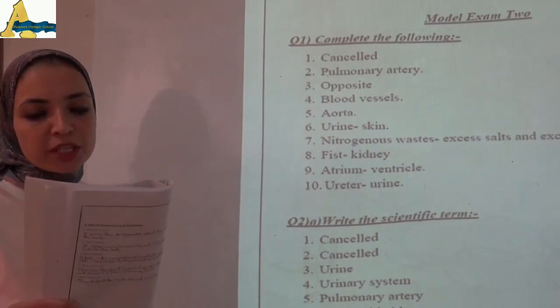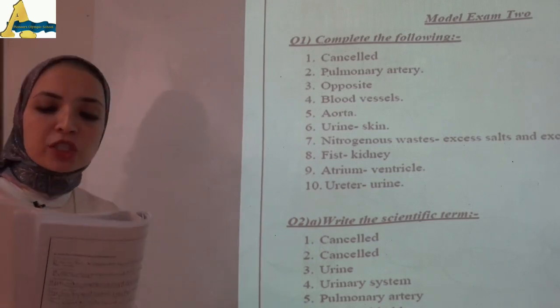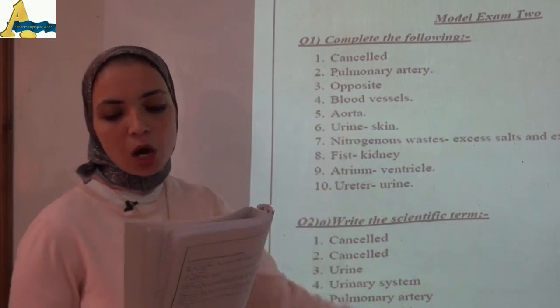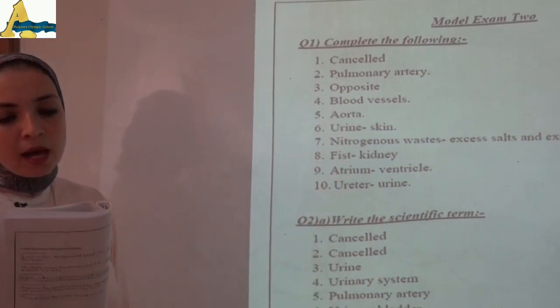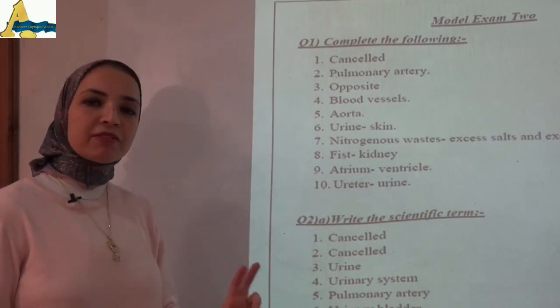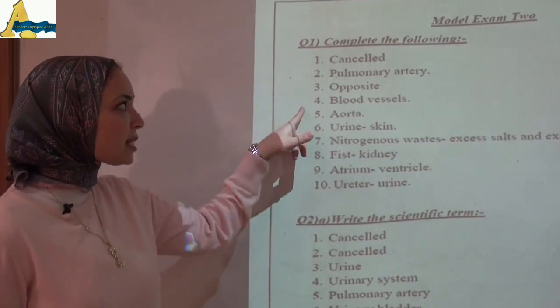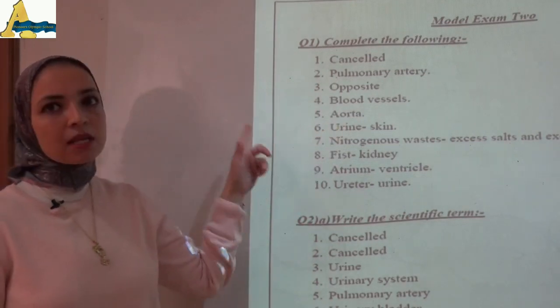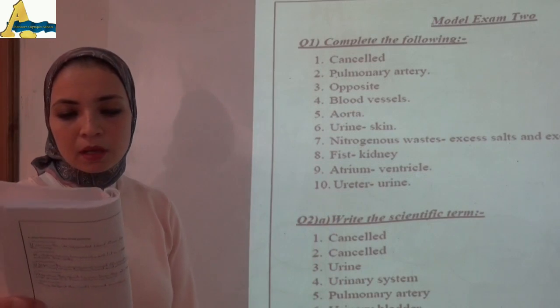The effect of the friction force is in which direction? In the opposite direction of the object's movement. Blood flows inside a network of blood vessels. What are these blood vessels? Arteries, veins, blood capillaries.